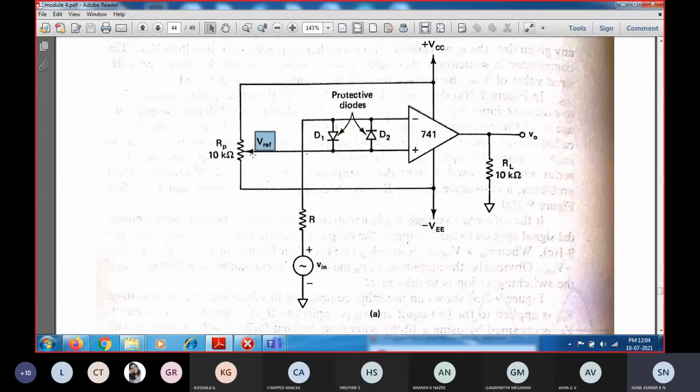At exactly the center, the terminal voltage will be equal to 0. So the non-inverting terminal is given the reference voltage of 0.